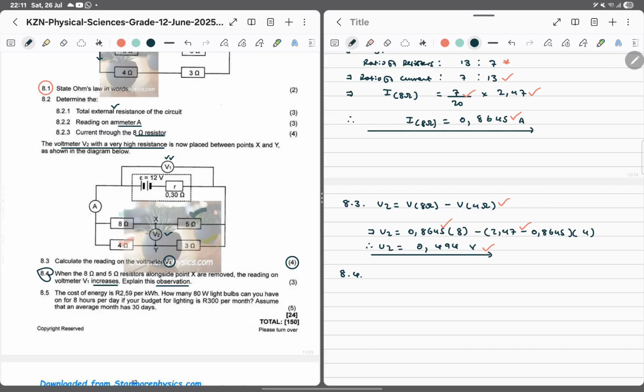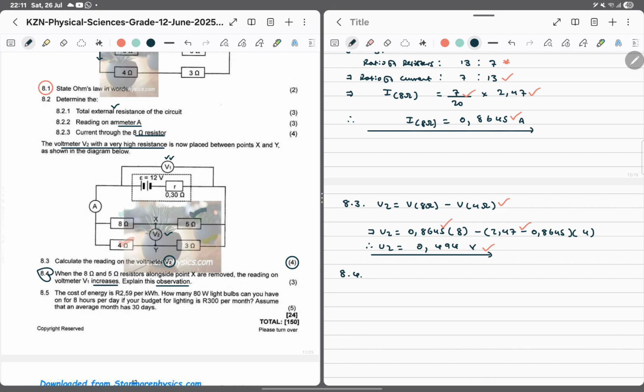It's the voltage of the external circuit because it's across the terminals of the battery when there is a current flowing through the circuit. So when there's a current flowing through the circuit, the voltage across the terminals of the battery reads the total external resistance voltage.